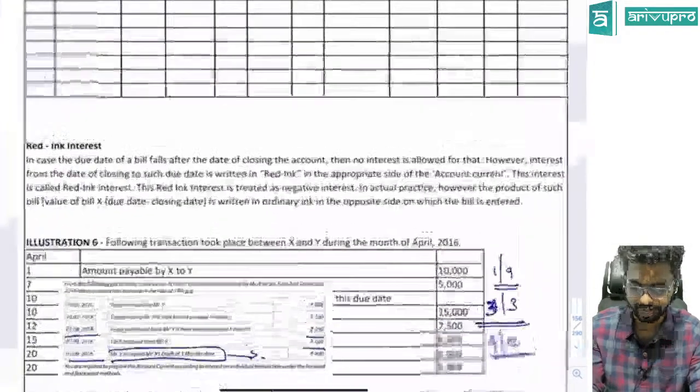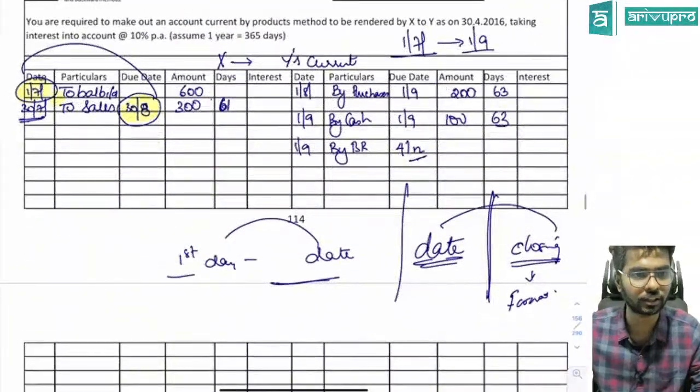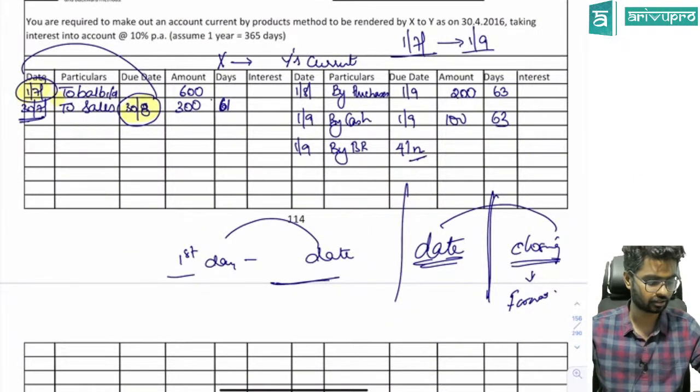Done. Guys, backward method. Are you guys clear till now? How do we calculate the number of days?